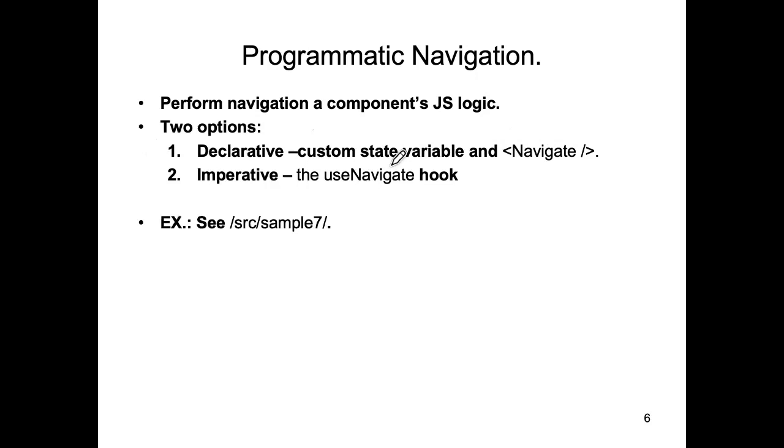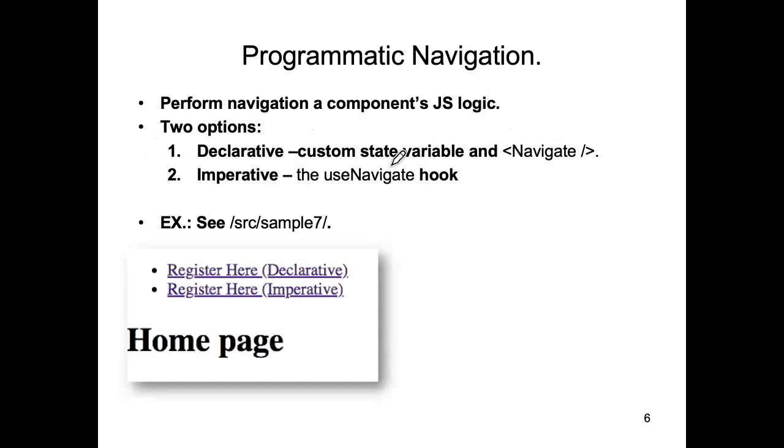To illustrate this, it's a fairly classic example of programmatic navigation. It involves where, if you're using an app, you need to register an account with the app itself. And so typically you might have some sort of registration button at the top of your page header.